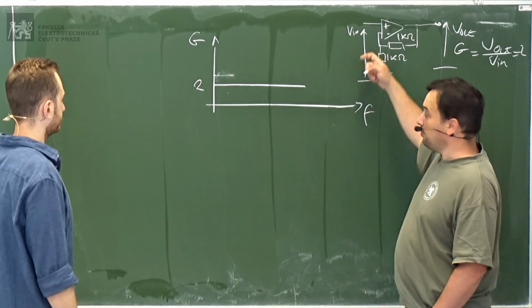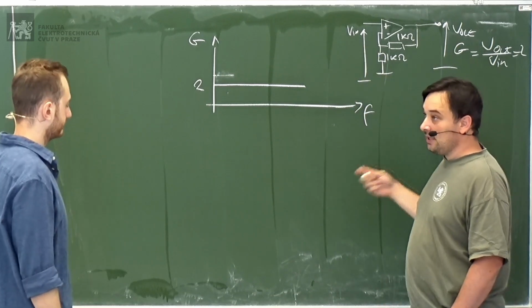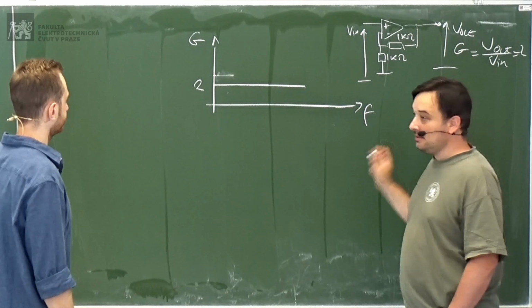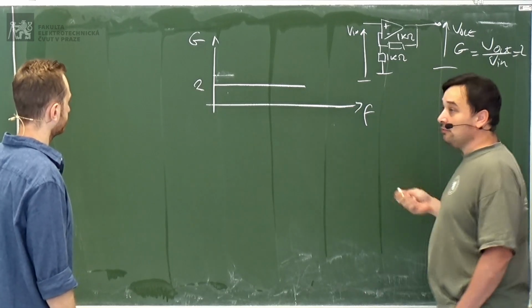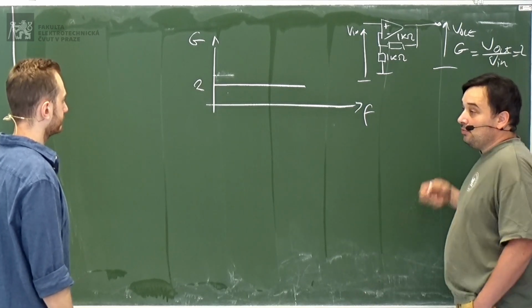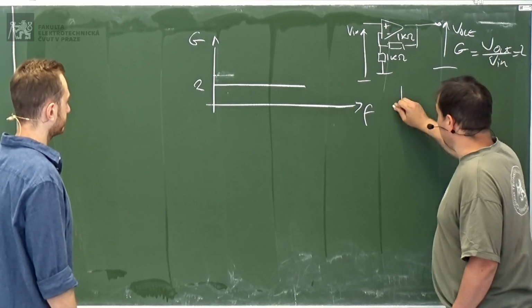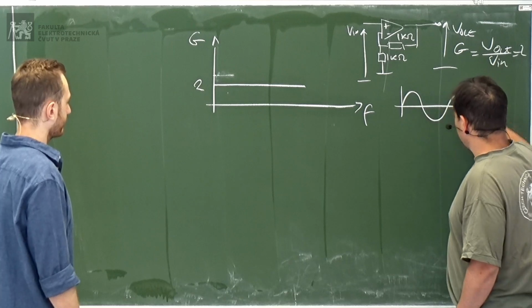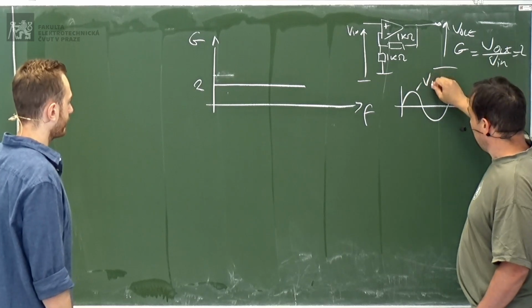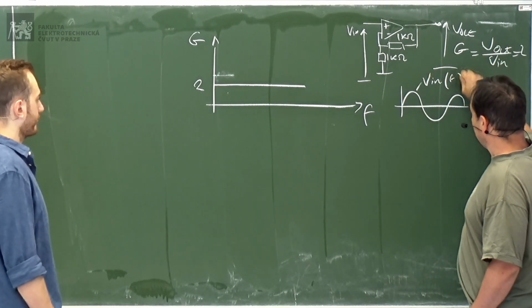We put a sine wave, we put 1 Hertz, 2 Hertz, 10 Hertz, 100 Hertz, and so on. At some point, it becomes too fast, okay? You put a frequency which changes too fast. So let's say now that you put a sine wave, okay? So this is your input, and it has some frequency.